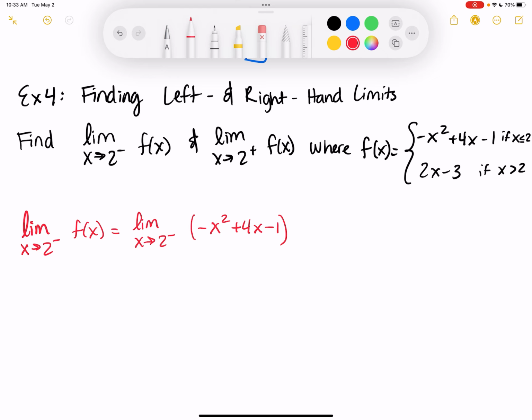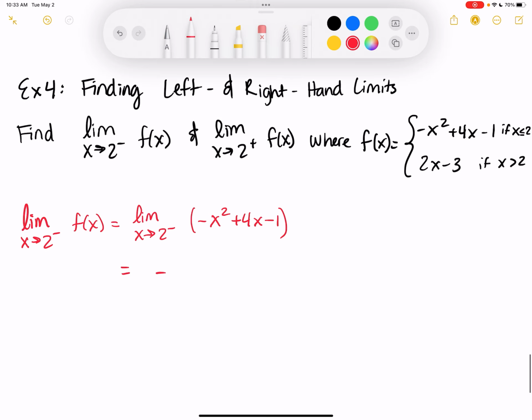Now, essentially, I'm just plugging in 2 to see if it works. I'll show you in a minute what's really happening with a different function, which will make it easier to see what's happening from the left and from the right, and why it won't be equal. A lot of times from the left, I'll plug in like 1.999999 mentally, but just plugging in 2 is fine for this problem.